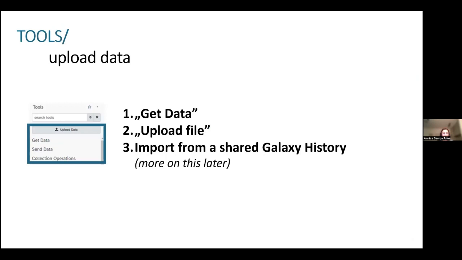Firstly, the tools. In the tools menu, first, you have to upload the data that you want to investigate. You can do this with many options, either as get data, upload data, or import from another history. I will talk about it later.